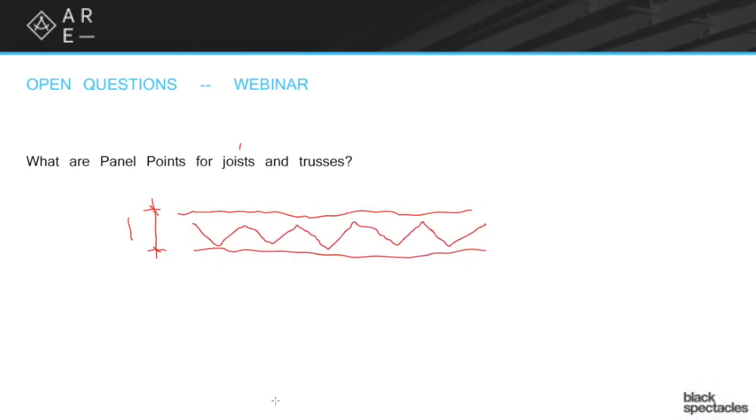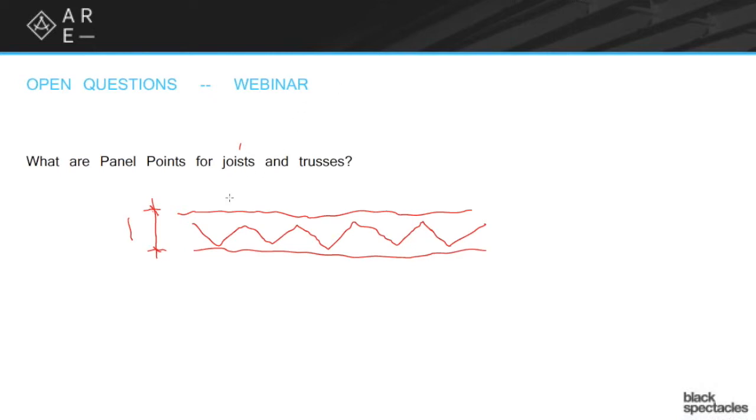So as each piece tries to be pushed over, the triangular shape can't. It can't deform into anything else. The only way the triangle can deform is by the members, the actual lines that make up the triangle. Those can break or deform, but the triangle shape itself can't. So the truss is always a series of triangles.